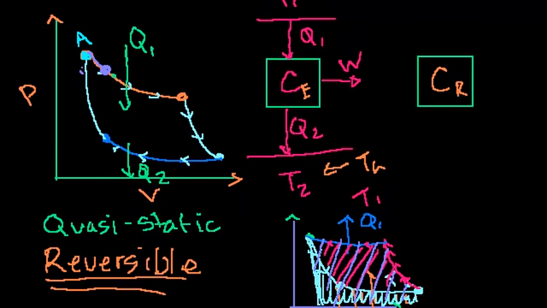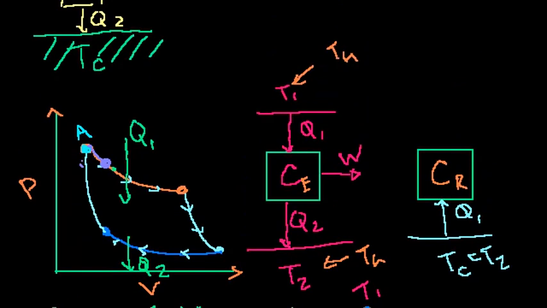What it does is it starts with the cold body. I'll call that T cold or T2. It takes some smaller amount of heat from the cold body.